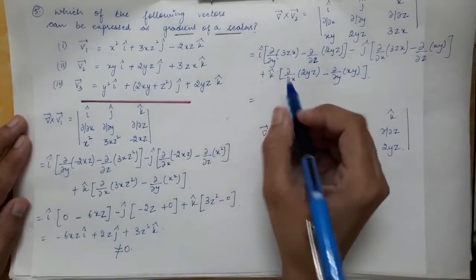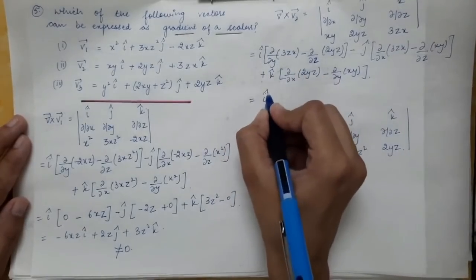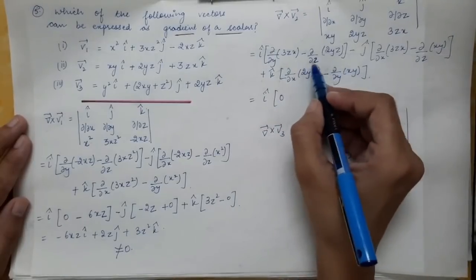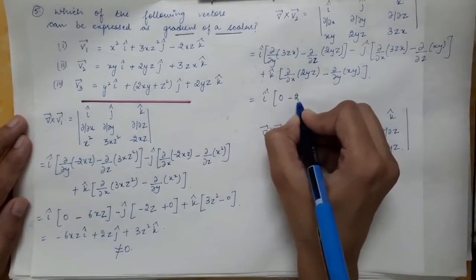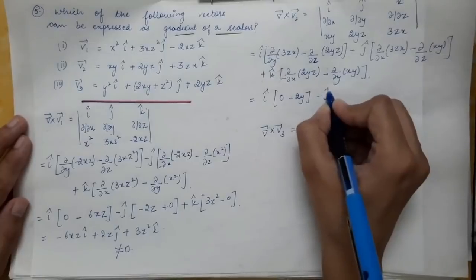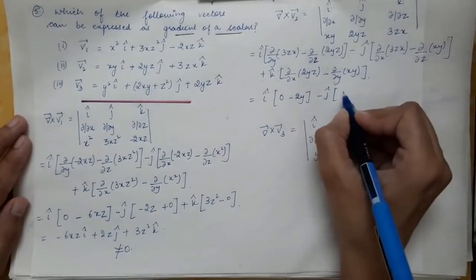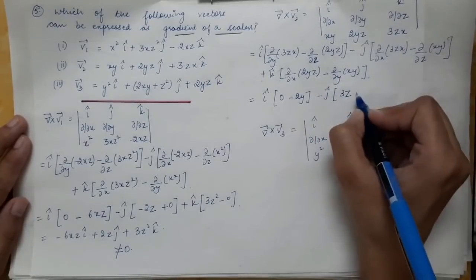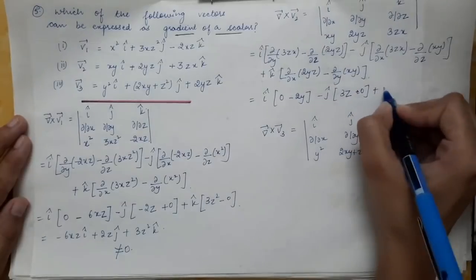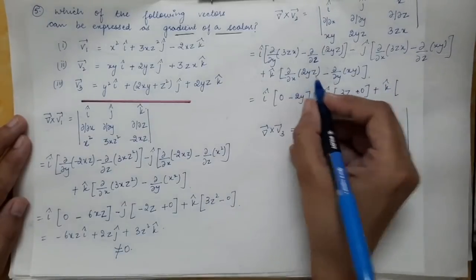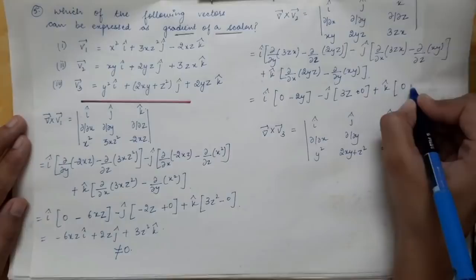So on solving this, first you will get i cap 0, and then over here minus 2y, then minus j cap, here you will get 3z, then you will get 0, then plus k cap, here you will get 0, and here you will get minus x.